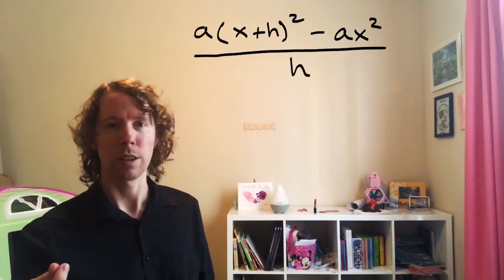Maybe you want to think of this as a parabola geometrically, that's fine, or it could represent anything else that has a quadratic term. That's the power and the beauty of this in some sense. We plug in x plus h for x to get the second y value, and then subtract off the first y value, which was just a x squared.